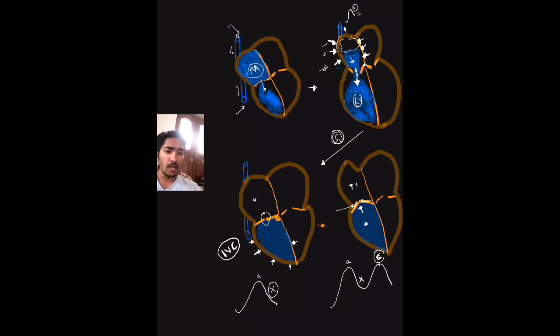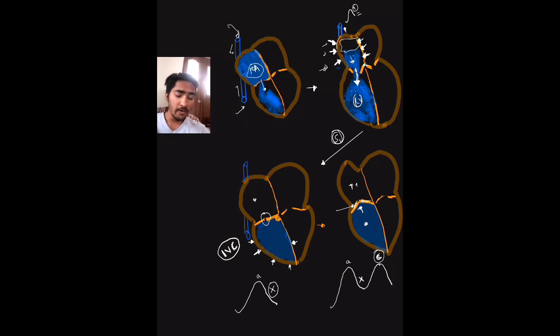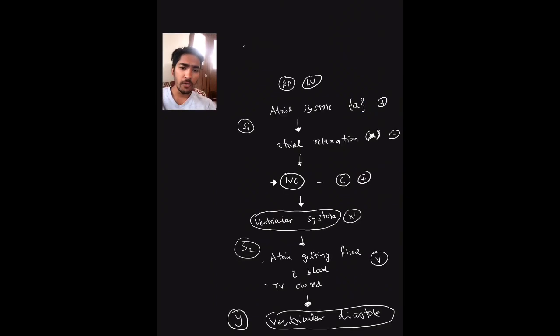That means after a certain amount of blood gets emptied into the right ventricle, some amount of blood is left in the right atrium that needs effective right atrial contraction to push that blood into the right ventricle. Okay, so let me revise once again whatever I have told, because this is a very important topic.